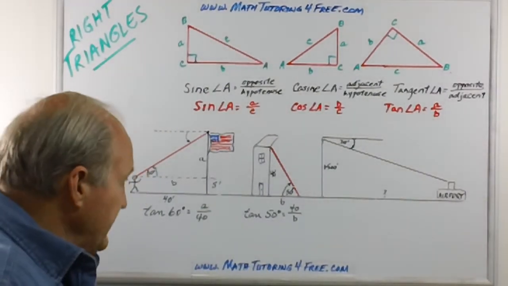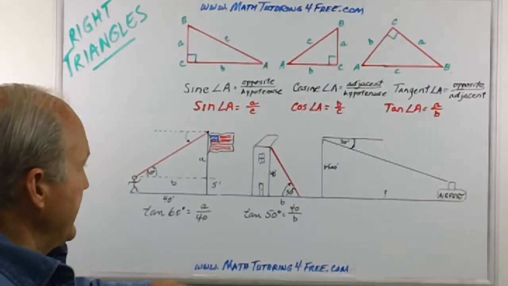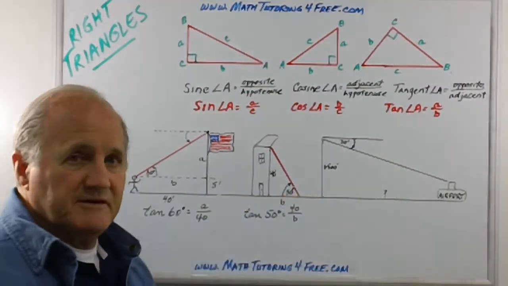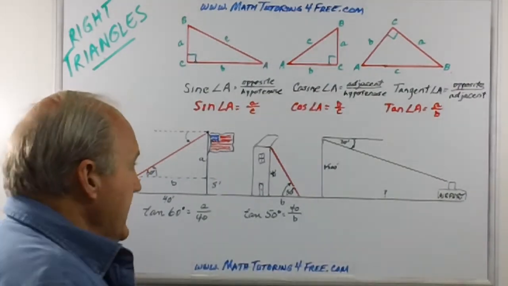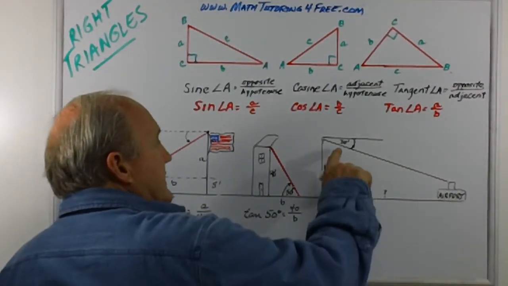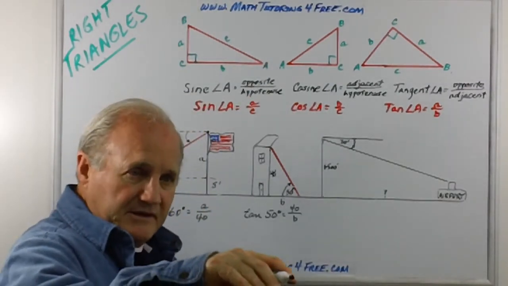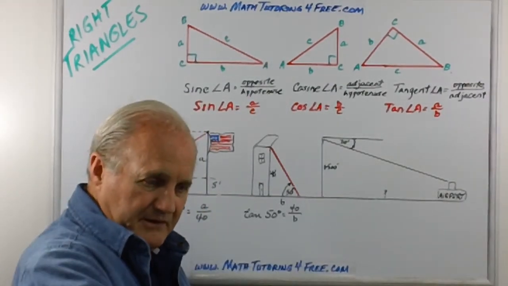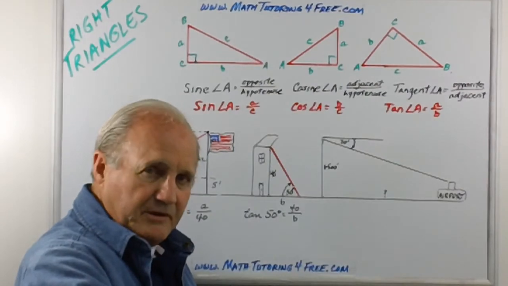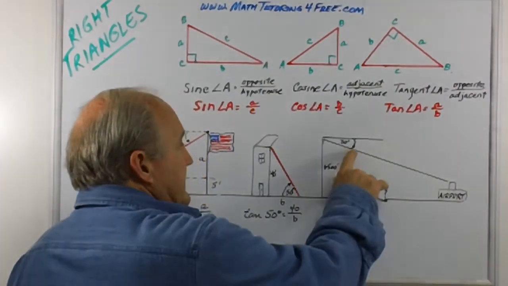Well, in this case we're saying they're flying at 6,500 feet, and the angle of depression, in other words, the pilot looking down from the plane, the angle that he sees the airport out there is at 30 degrees.